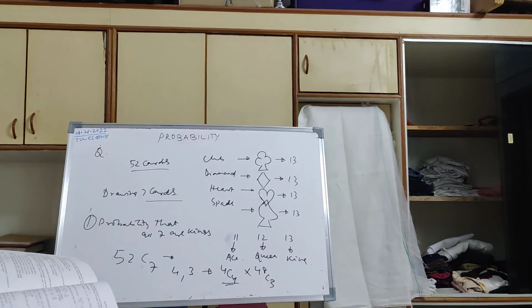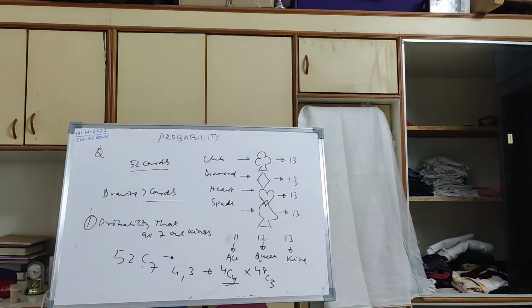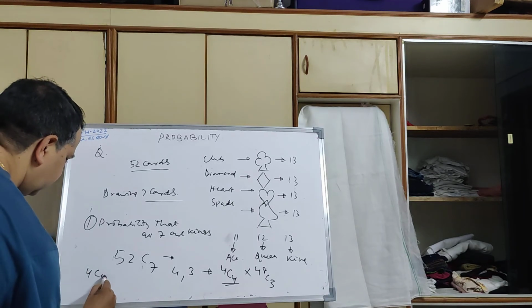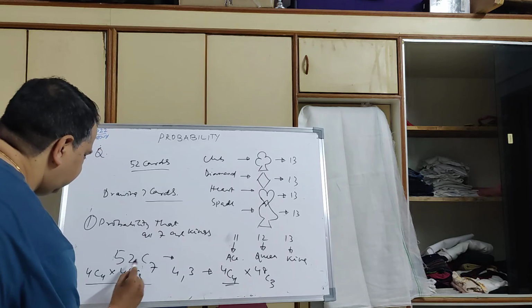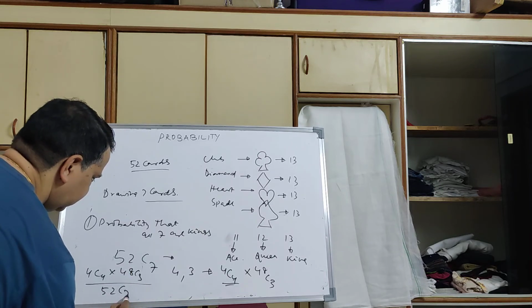But when you are selecting 4 kings, there will be 3 other cards drawn from the other 48 cards, because you selected the first 4. So the answer will be 4C4 into 48C3 divided by 52C7.